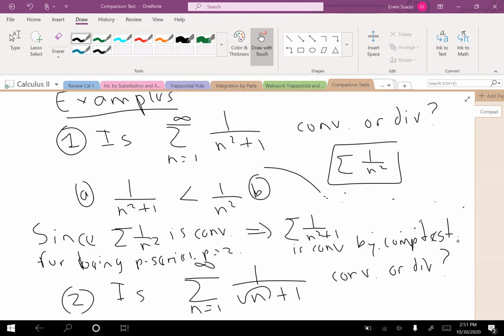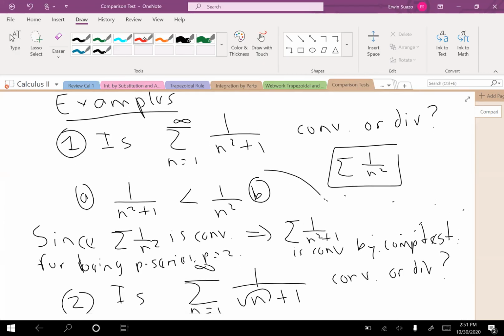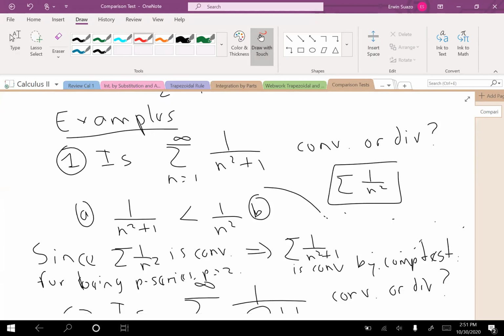If you figure that you had to compare with n squared, well, yeah, but you had to prove this inequality, okay? Don't forget this. This is critical. N squared plus 1 is bigger than n squared. Otherwise, I'm gonna take 2 points off or something like that. If you don't do this part, I might take 2 points off.